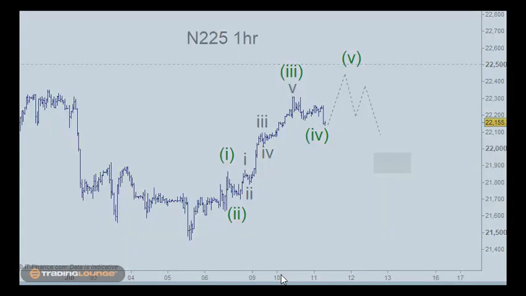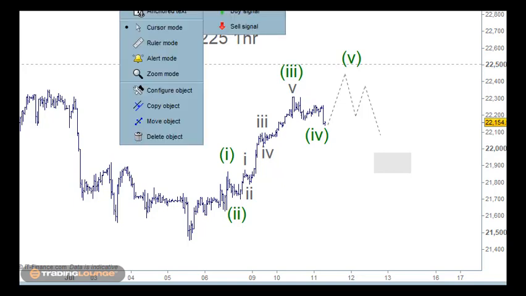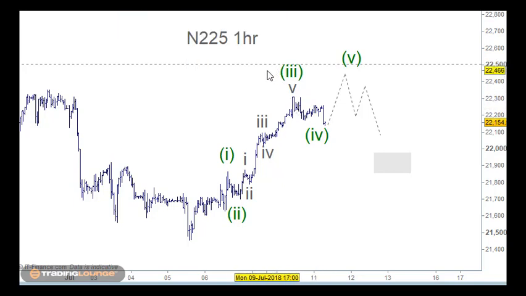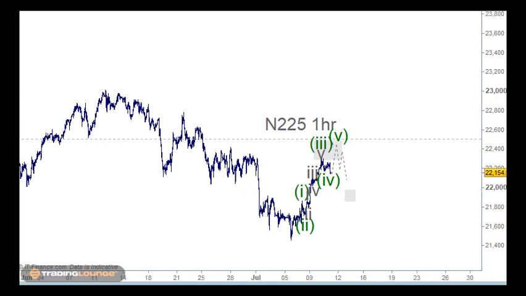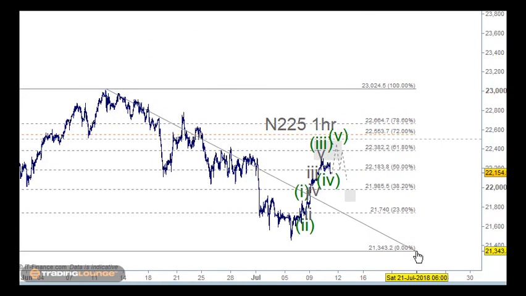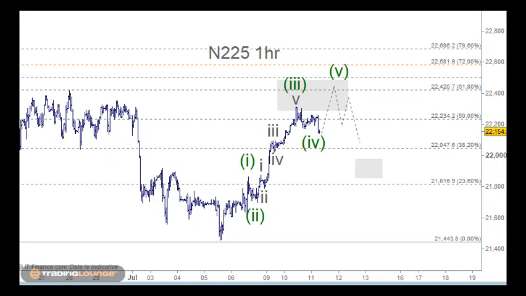So the takeaway here is that I really need to wait to see if we get 5 waves up or 3 waves up, because we know that, just roughly guessing here, we're pretty close to our 50-60% retracement level from all of this move down through here. Actually, while we're here, I better do that, just to be sure.